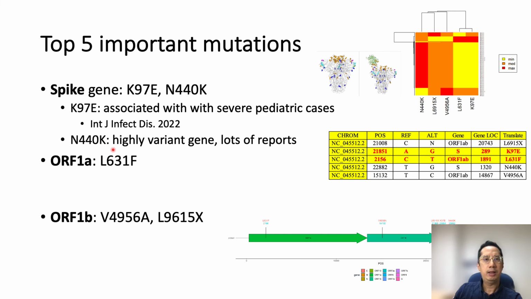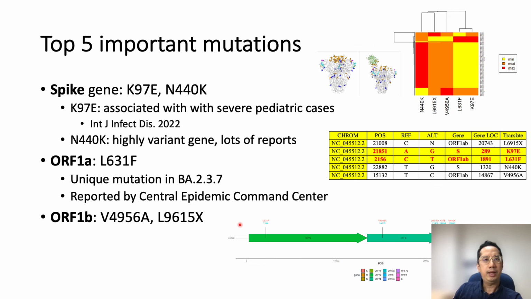This is a very highly variant gene, and there are a lot of reports not only in the BA 2.3.7 but also for other genes. And interestingly, the L631F mutation is a very unique mutation in BA 2.3.17, although it's not published in any peer-reviewed manuscript, but only reported by our CECC in Taiwan.